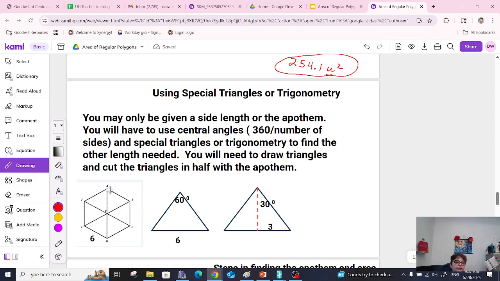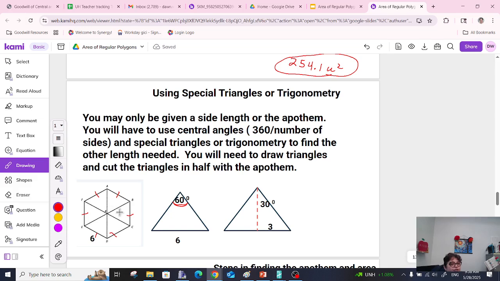So if I was doing this problem here, this is a 1, 2, 3, 4, 5, 6. This is a hexagon. Everybody agree with that? Okay. To get this central angle right here, you need to take 360 and divide it by the number of sides. This is why we talked about rotational symmetry yesterday, so you could understand why this works.